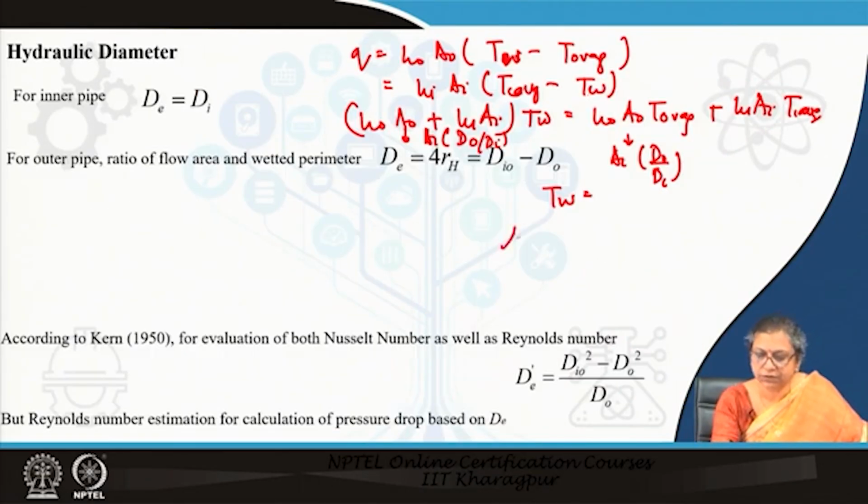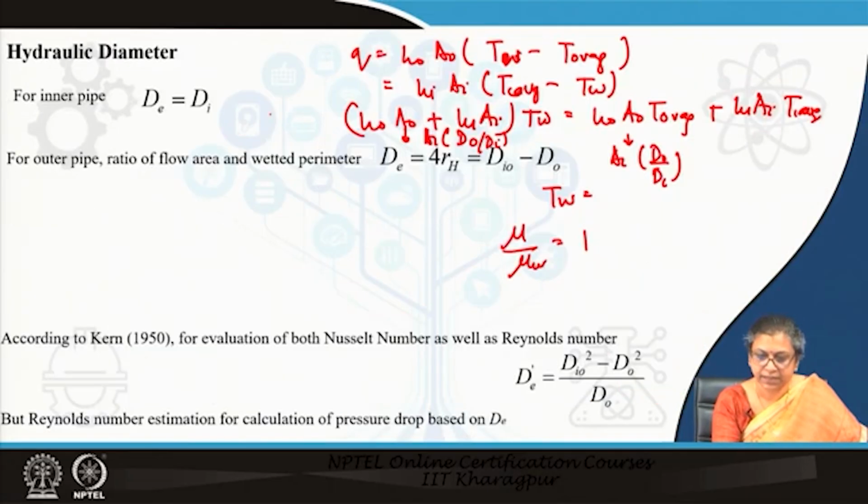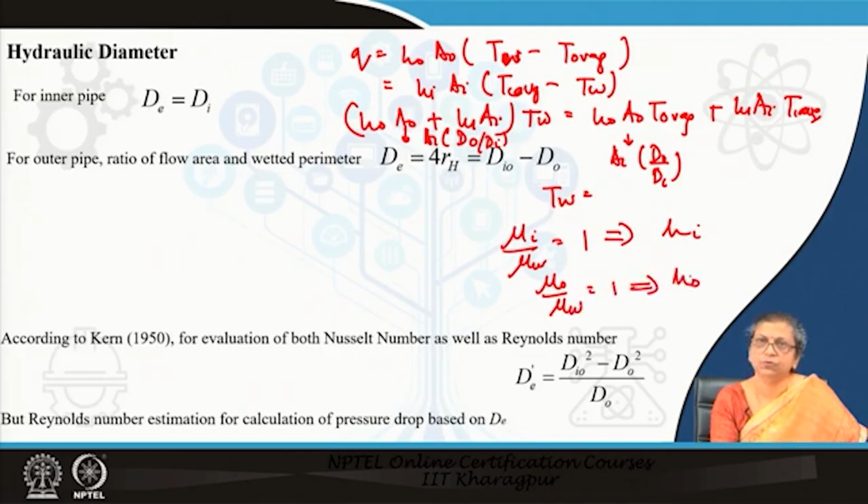So, initially we assume mu by mu W equals 1, and once you can assume this, you can find out this particular Nusselt number and you can find out H. After you have found out H, in the same way, you can find out HI by assuming mu by mu W equals 1 for the inner fluid. Same way you assume mu O by mu W equals 1, you find out HO.